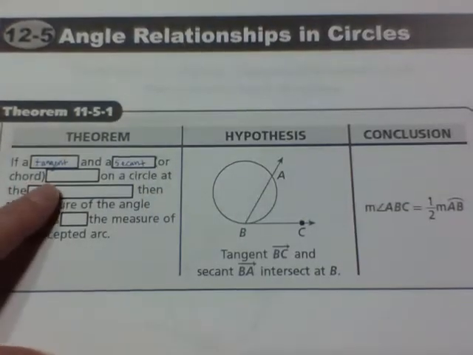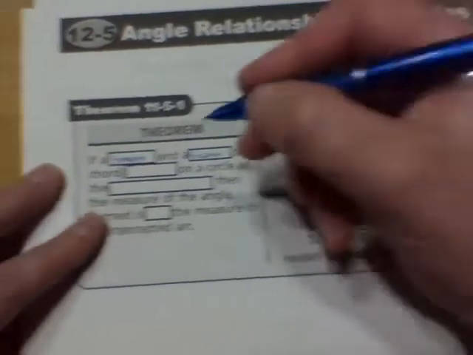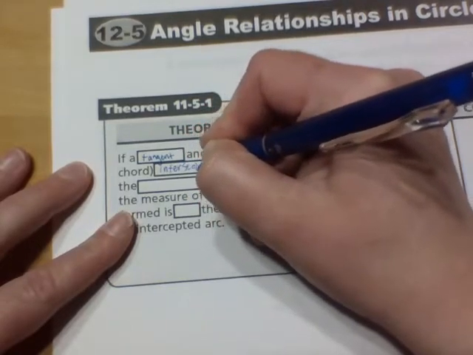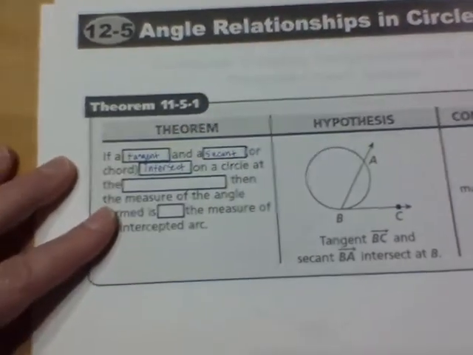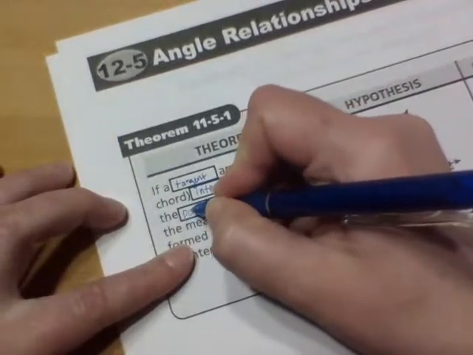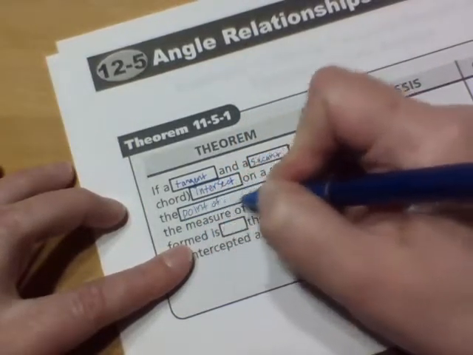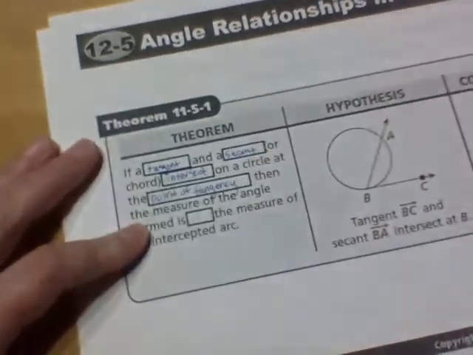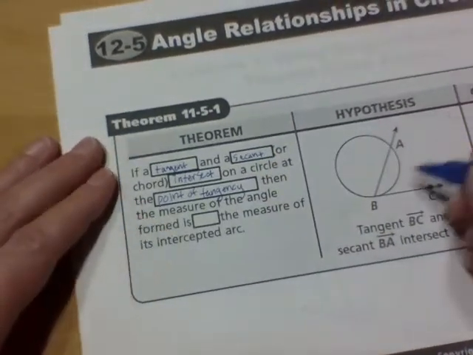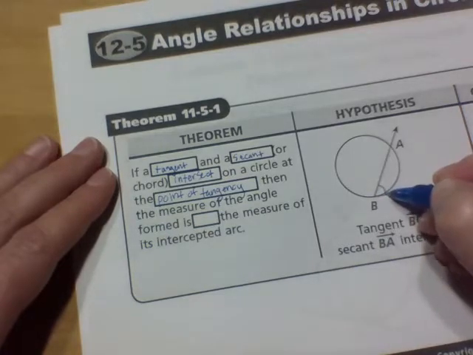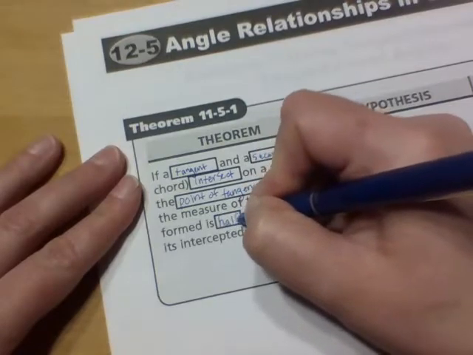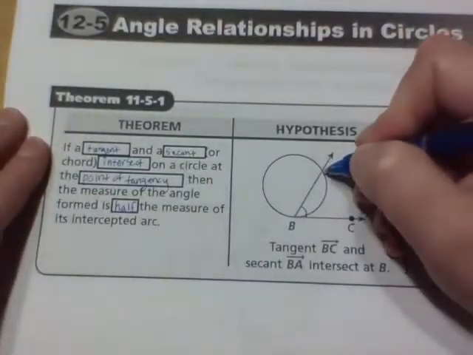All right. So if a tangent and a secant or a chord intersect on a circle at the point of tangency, then the measure of the angle that is formed here is half the measure of this intercepted arc.